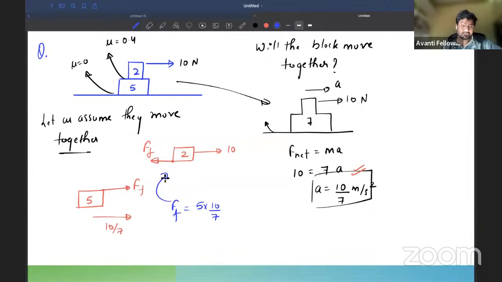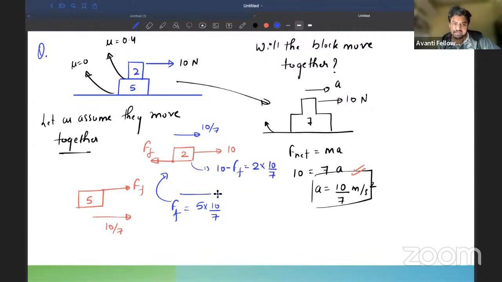If I put it in up, ऊपर अगर मैंने रखा, in this case it should also move with 10/7. अगर 10/7 acceleration आ गया, that means our assumption is correct. अगर नहीं आया, then our assumption is absolutely wrong. So let us find ऊपर net force here, F net is 10 minus FF, that is equal to 2 into acceleration, कितना आना चाहिए? 10/7.